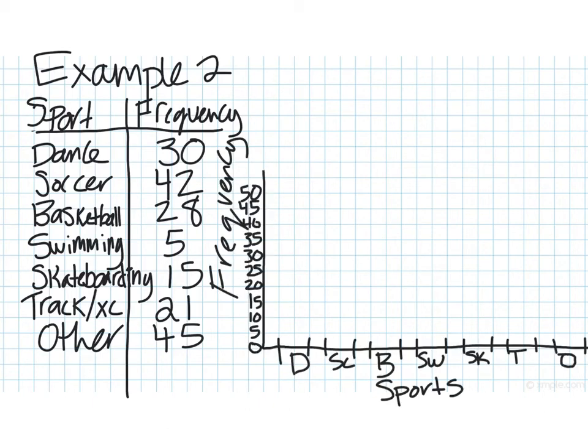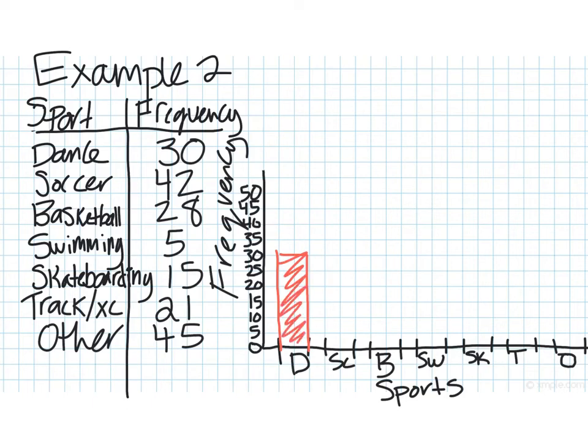So I've decided to count by fives for my bar graph. I've labeled the different sports along the horizontal axis and the frequency by fives along the vertical axis. And so now I'm going to fill in my numbers. Dance is up at 30. That one fits in perfectly.